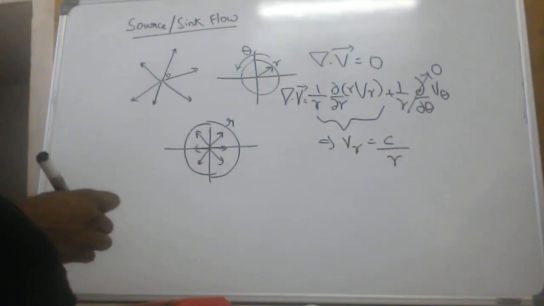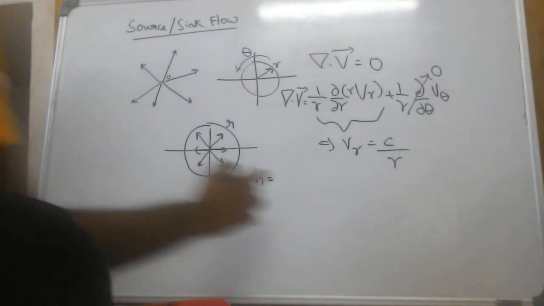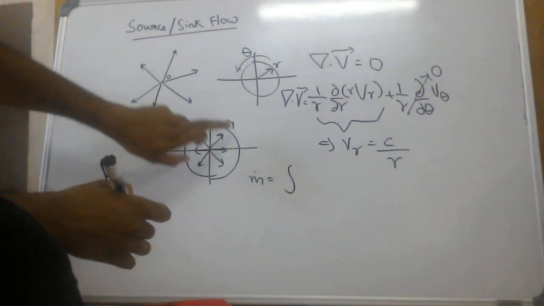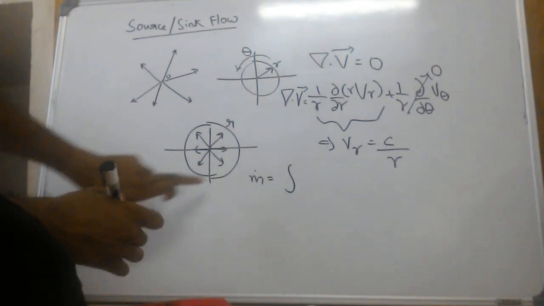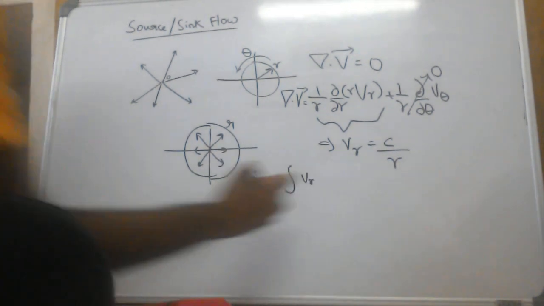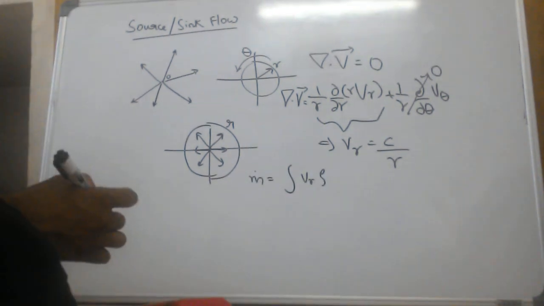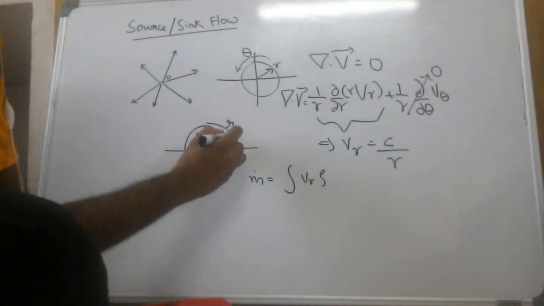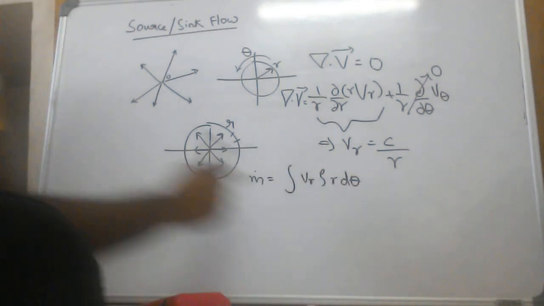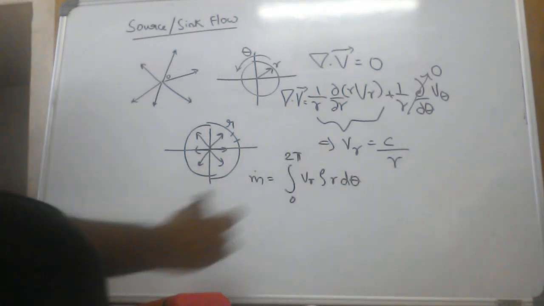The mass flux through this circle can be written as an integral, because I have to integrate this over the entire circle. So that becomes the integral of Vr rho into the elemental area, which is r d theta, and I'm integrating this over the entire circle, so this goes from 0 to 2 pi.